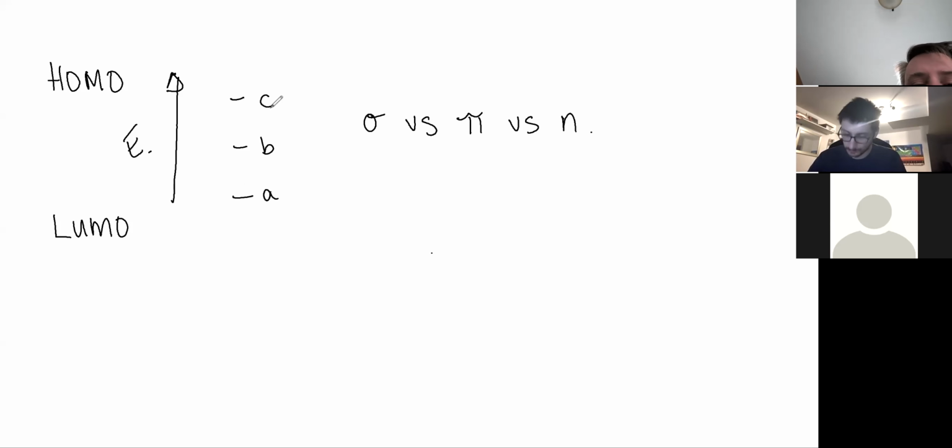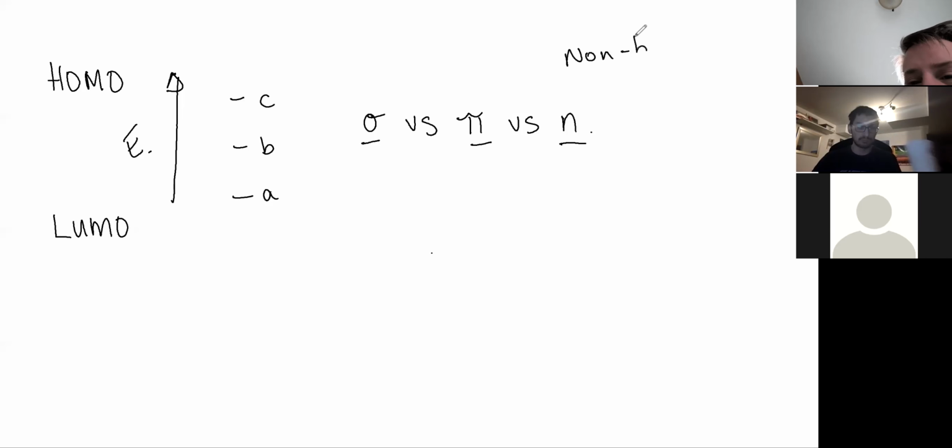Where would the sigma be, where would the pi be, and where would the non-bonding be? N is non-bonding. What would be your intuition?